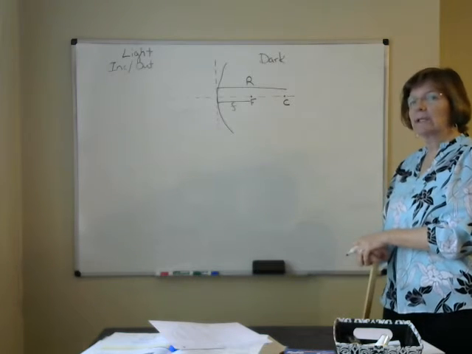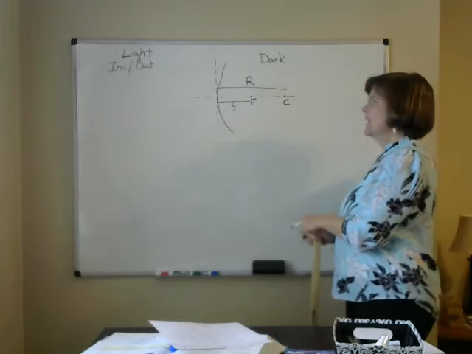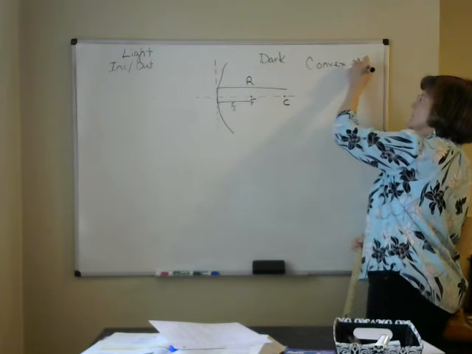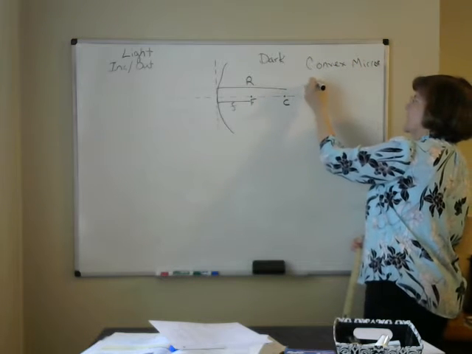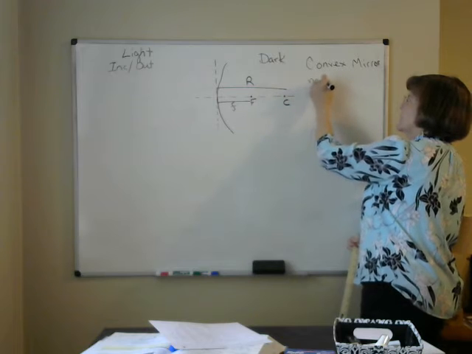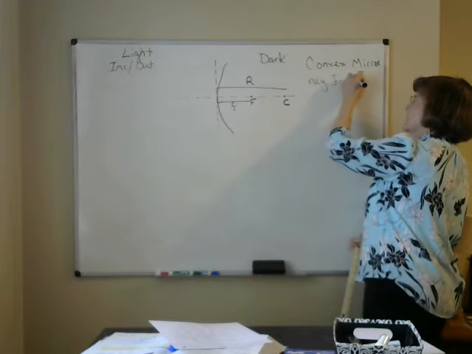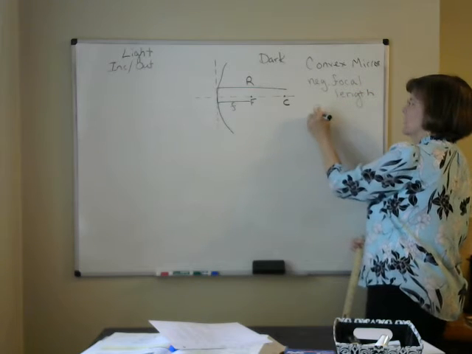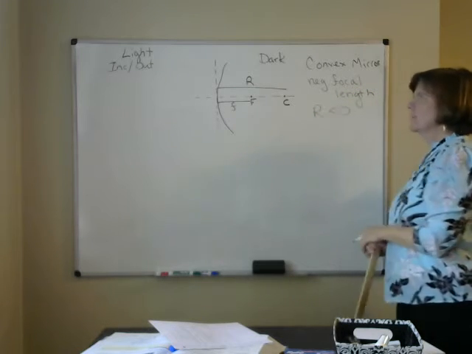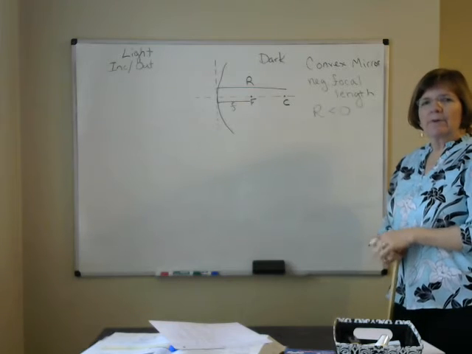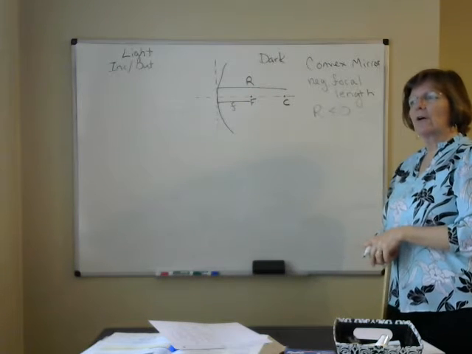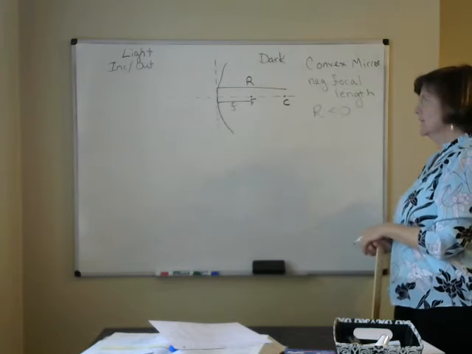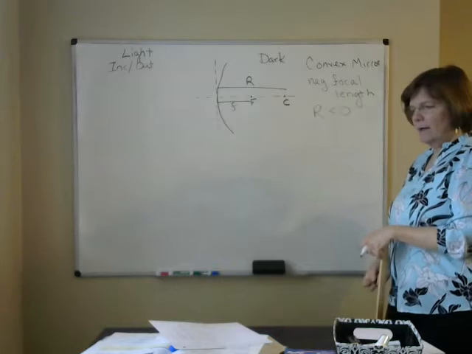And that's really, really important to realize: if we have a convex mirror, that is a negative focal length, and that means that R is also a negative value, okay? The focal length and the radius of curvature are not on the side of outgoing light. In order to be positive, they have to be on the side of the outgoing light, okay?